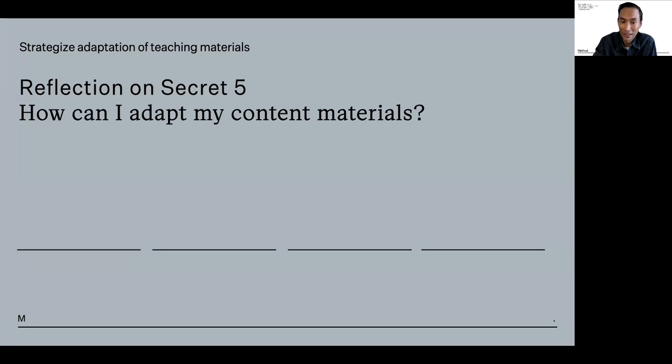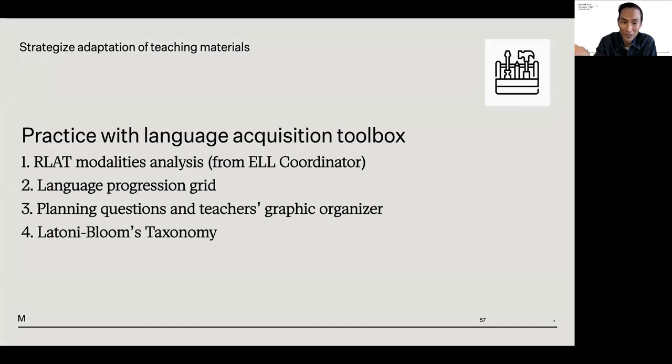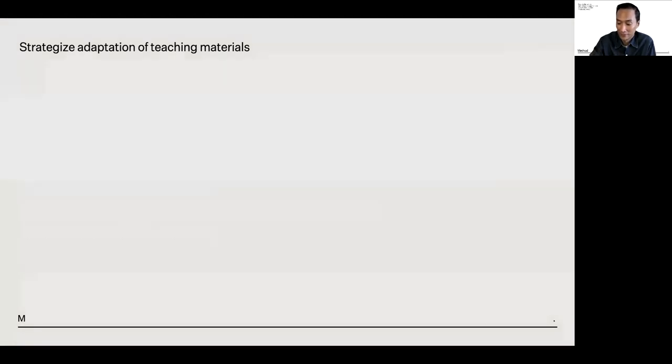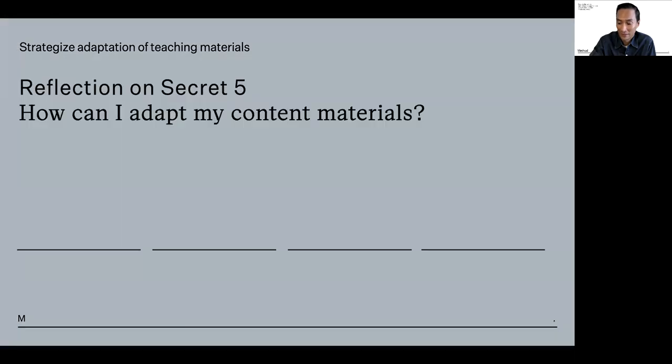Just pick one and maybe say you're going to analyze L, you're going to use a progression grid, you're going to use a graphic organizer, you'll use more challenging taxonomy words.